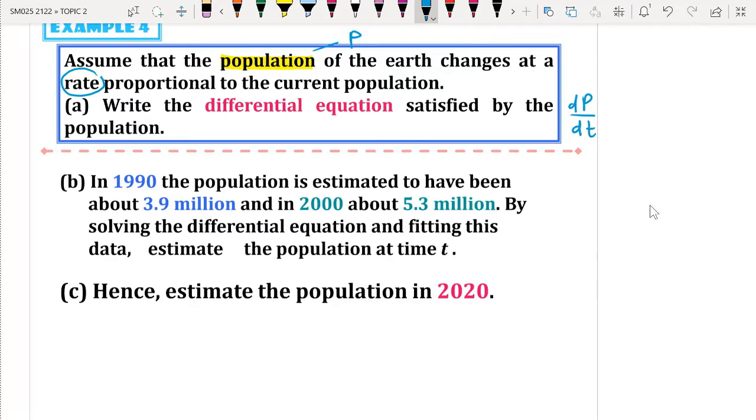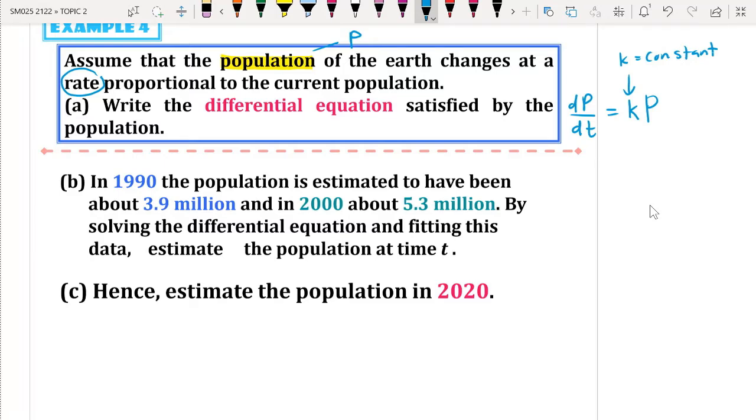Proportional, so equal to a constant times the current population. So k times P, where k is a constant because it's proportional to. And that's basically our differential equation.